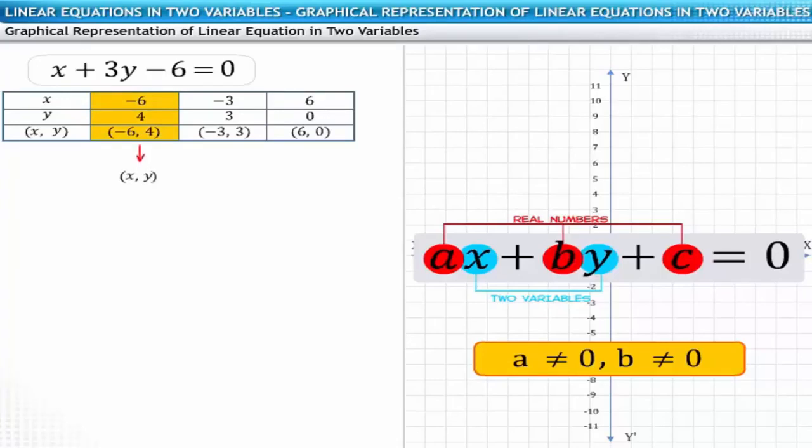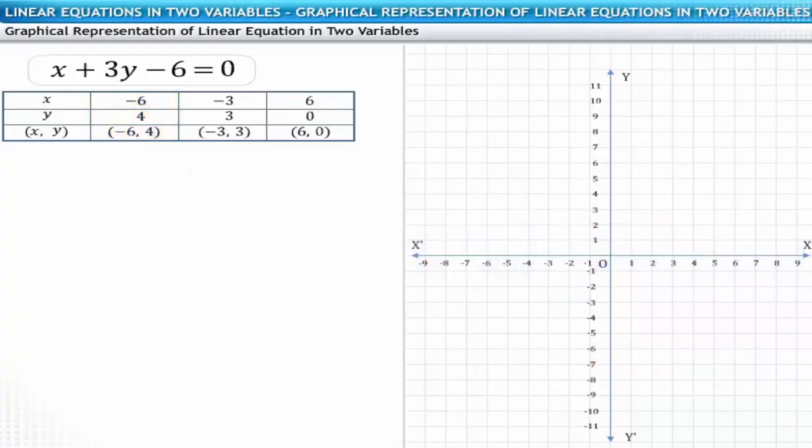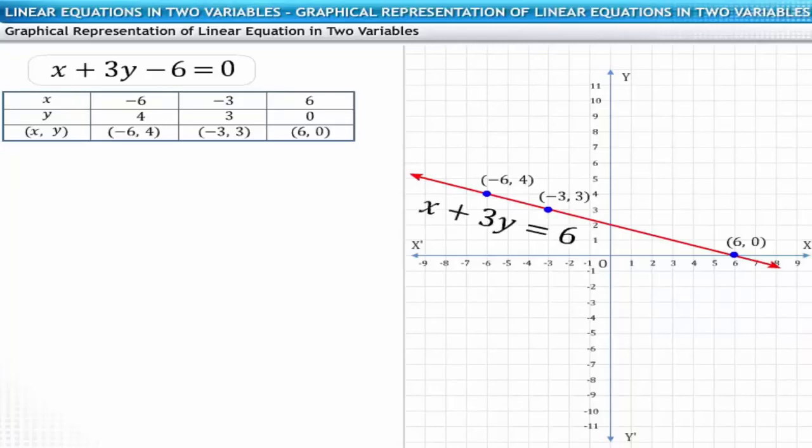In this case, the ordered pair minus 6, 4 is a solution of the equation x plus 3y equals 6. The graph of this equation can be obtained by plotting these ordered pairs. If we draw a line passing through all these points, a straight line is obtained. This line represents the graph of the linear equation x plus 3y equals 6.